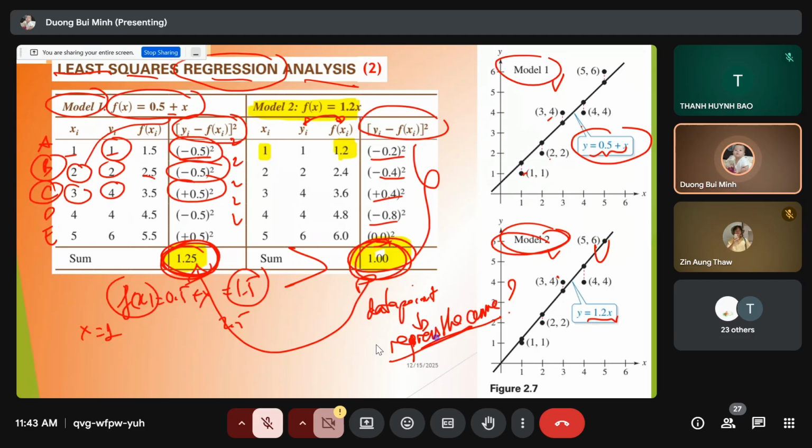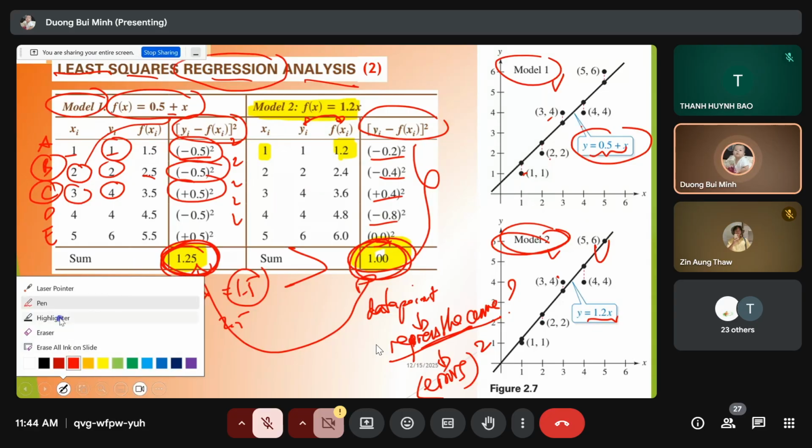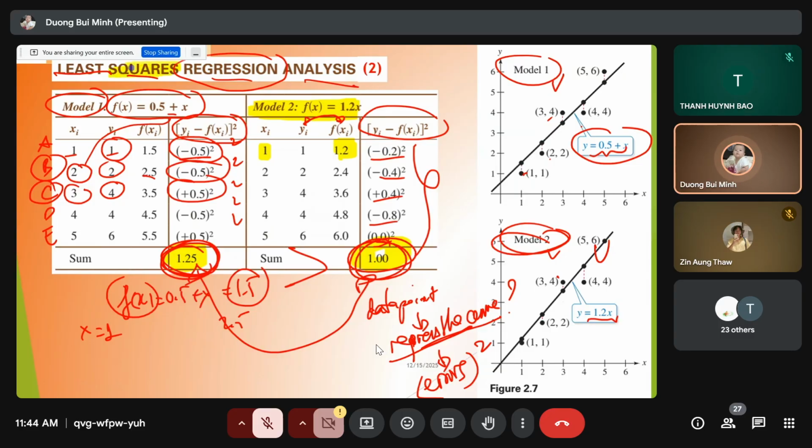But if we regress the curve, we can take the errors, and then we take the square of the errors. I explained why we use the square. When you get the square of the errors, we take the sum of all the squared errors and get the minimum, the least.